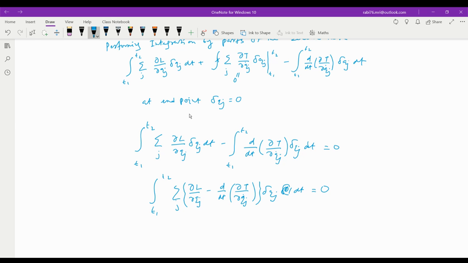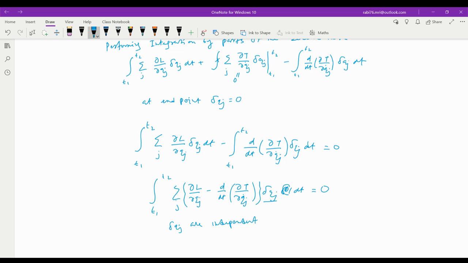Now these delta qj are independent. Since delta qj's are independent, because these are generalized coordinates, independent.